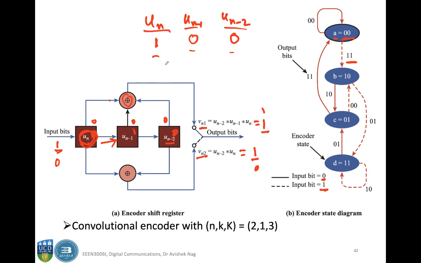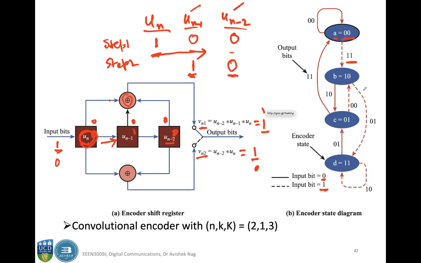Why? Because at the next instance, so let's say this is step 1, where you have an input 1. At step 2, these will be shifted, and un will become un minus 1, and un minus 1 will become un minus 2. So the next state will be 1 0, because we are counting the status of un minus 1 and un minus 2 to count the states.